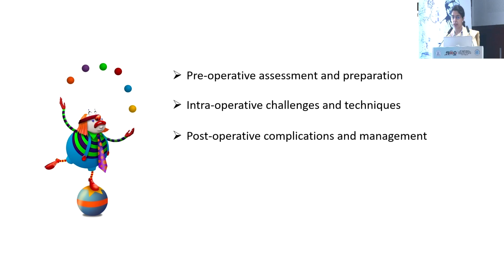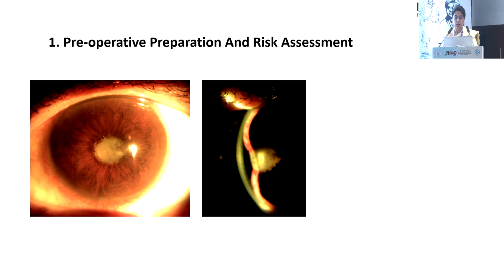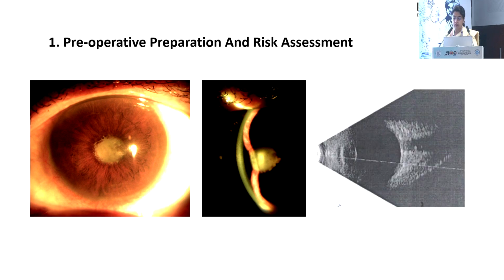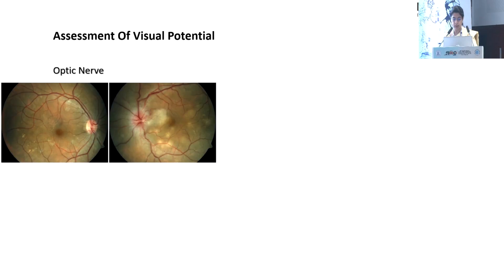We have to juggle a lot of things when we are planning cataract surgery in these eyes. Preoperative preparation and risk assessment is most important. When there is no view of the fundus, get a B scan done. Of course, we have to look for cells in the vitreous, but also look for choroidal thickness, which is an indicator for activity of uveitis.